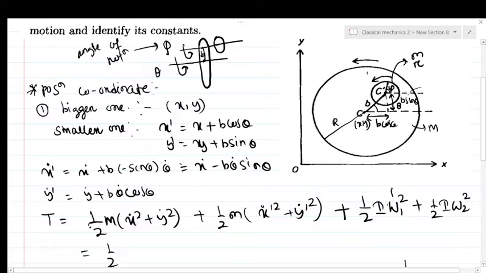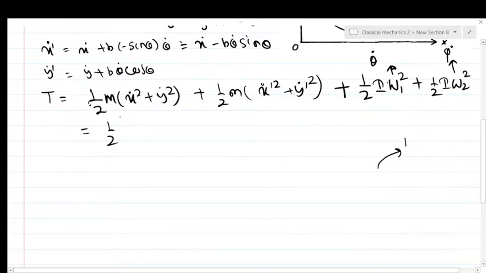Here omega 1 is the rotational coordinate we have taken for the bigger one, theta, so that will be theta dot, and omega 2 will be phi dot. And the moment of inertia of the disk is half M R square for the bigger one, and half small m r square for the smaller one.